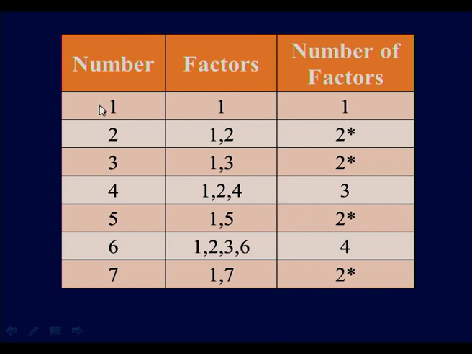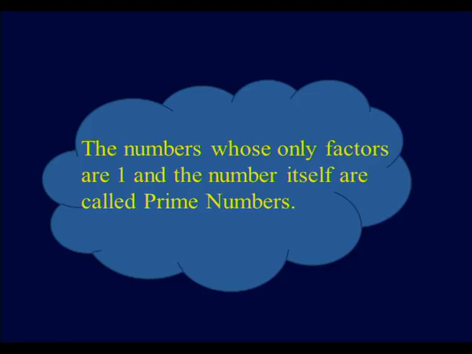And here one more thing, as you can see 1 is having only one factor, that is 1 itself. So, you can say that 1 is neither prime nor composite. The numbers whose only factors are 1 and the number itself are called prime numbers.